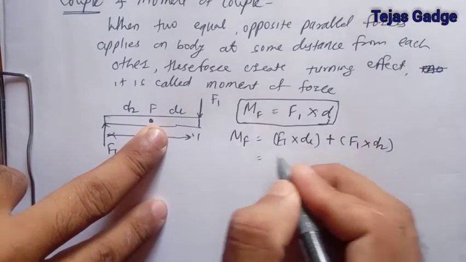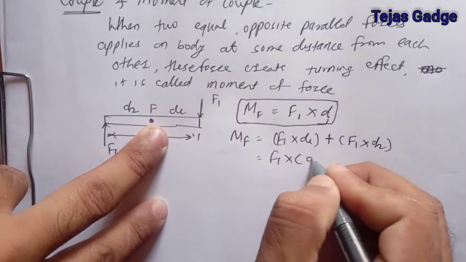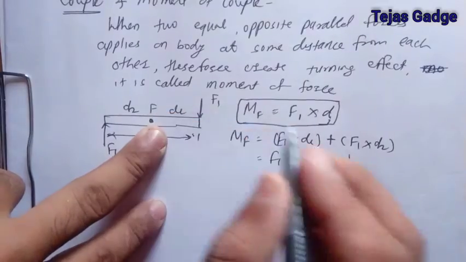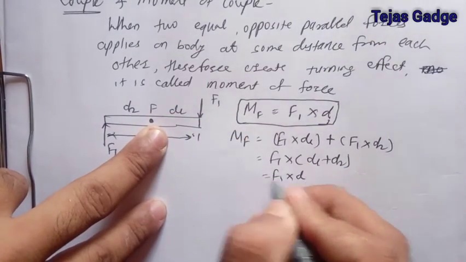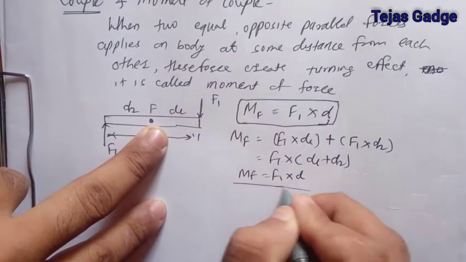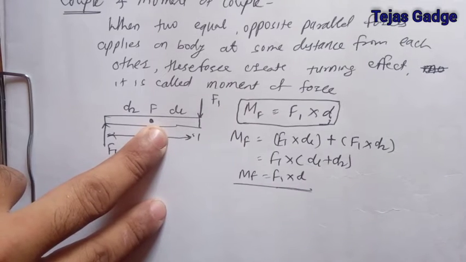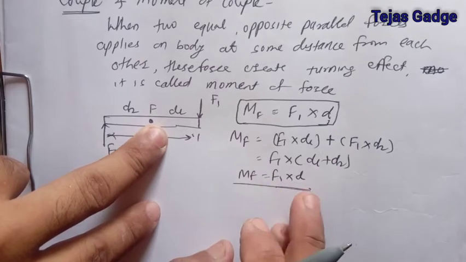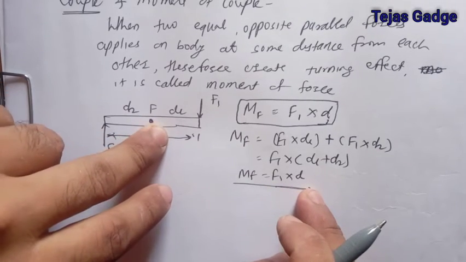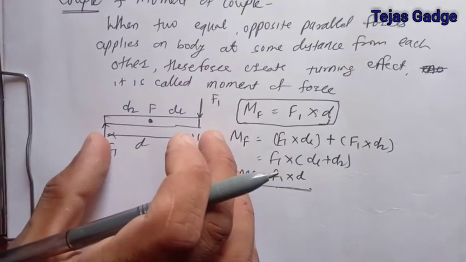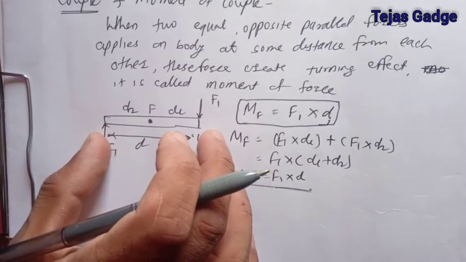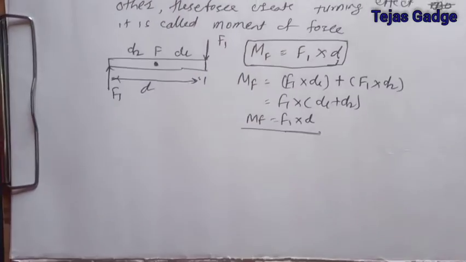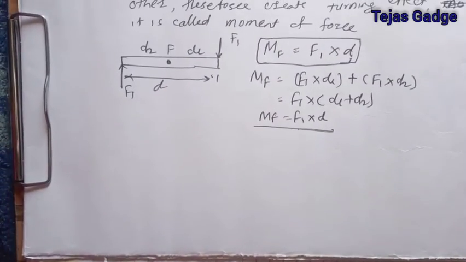So F1 can be taken out, multiplied by d1 plus d2, and d1 plus d2 is the total distance d. So the moment of a couple is the magnitude of one of the forces multiplied by the distance between them. This is the case for couple forces. Are you getting it? Now we will see it along with examples.